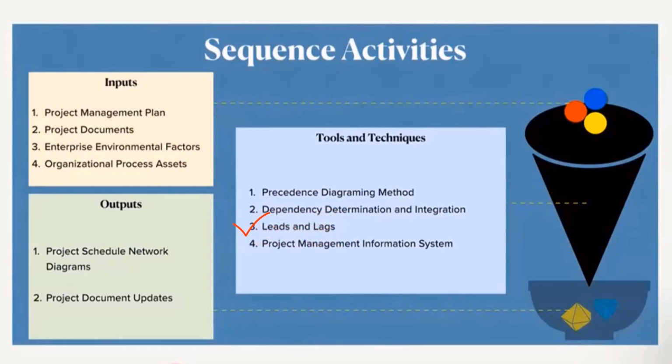Leads and lags. What does lead mean? Lead could be anything that is prior to the target, and lag is anything that can happen after the target. Again, if I make use of the activity diagram, we have a process A which is done in 12 weeks, and process B which is done in 10 weeks.